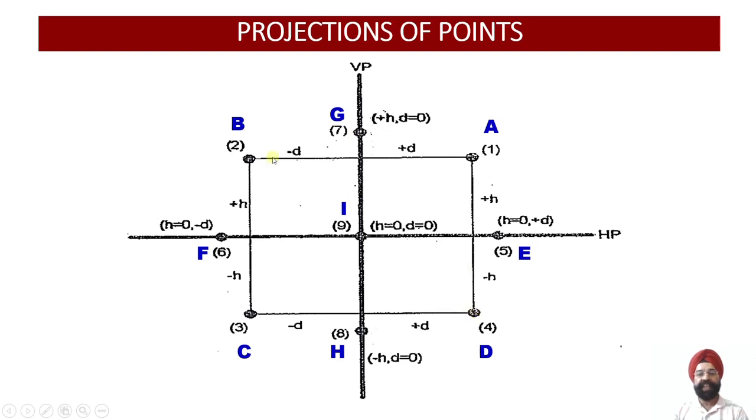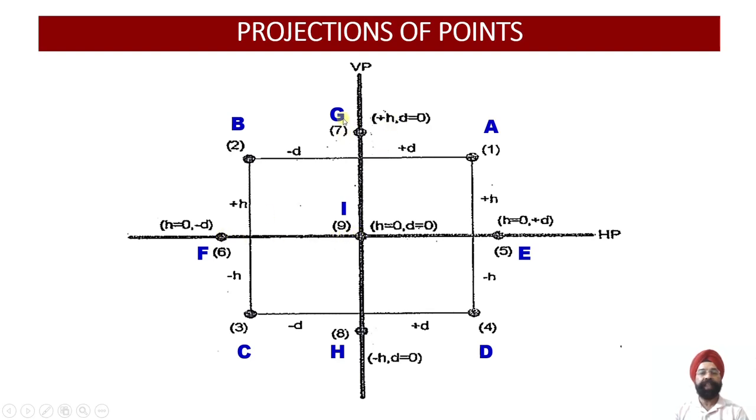Besides these 4 locations, there are another 5 locations of the point in space we are going to study. Point 5 or point E lies in the horizontal plane and in front of the vertical plane. Point F or 6 lies in the horizontal plane but behind the vertical plane.